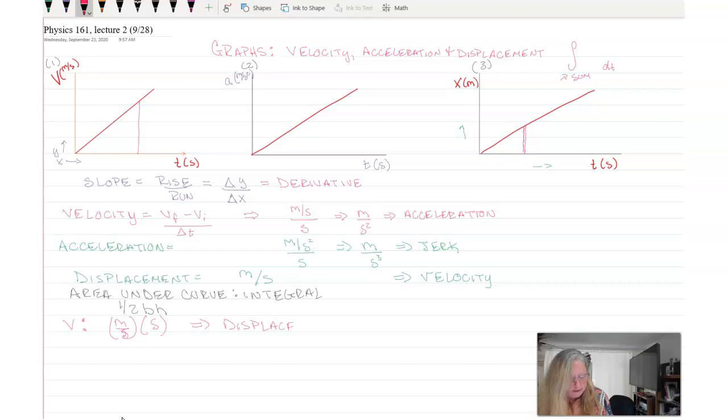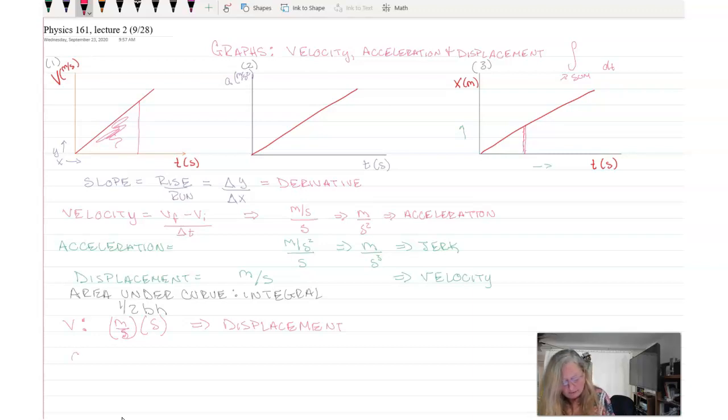So integrating the area under a velocity curve like that gives me the displacement. If I integrate it, I get the displacement.